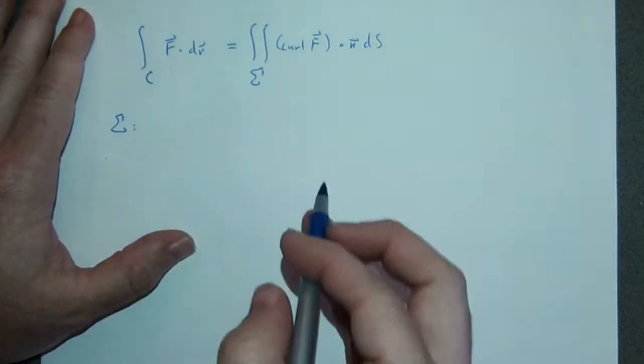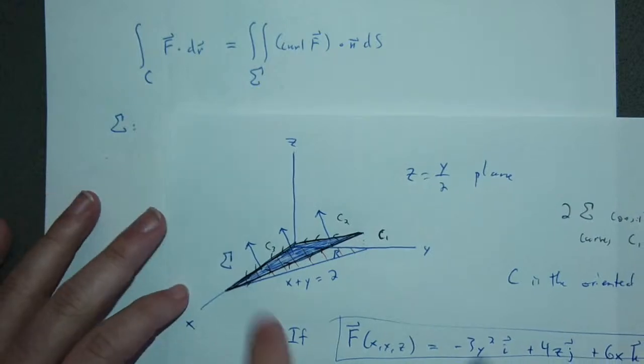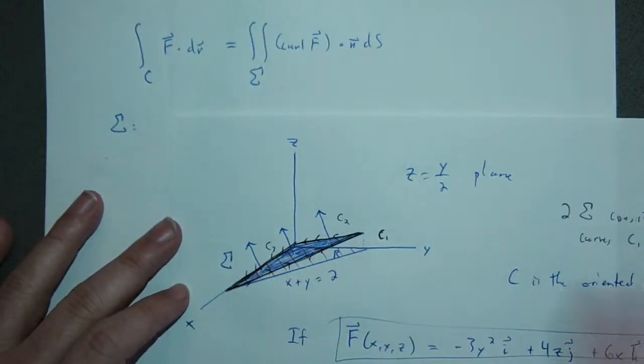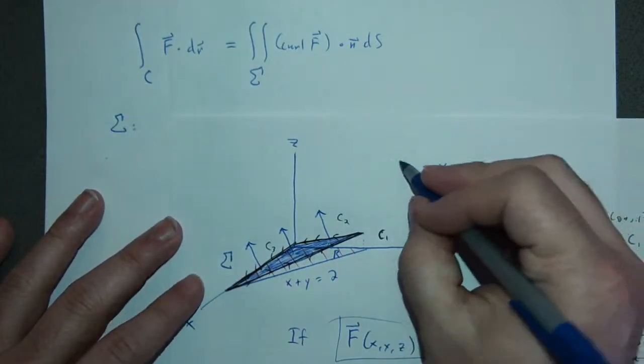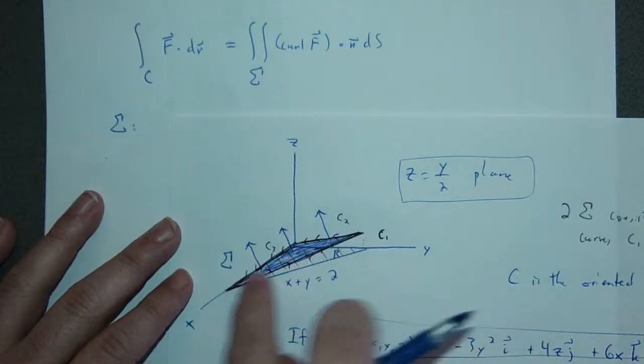So let's recall, what is sigma? Sigma is a piece of the plane z equals y over 2. Okay, so it's a piece of that plane in the first octant. Okay, which really means it's this triangular piece.